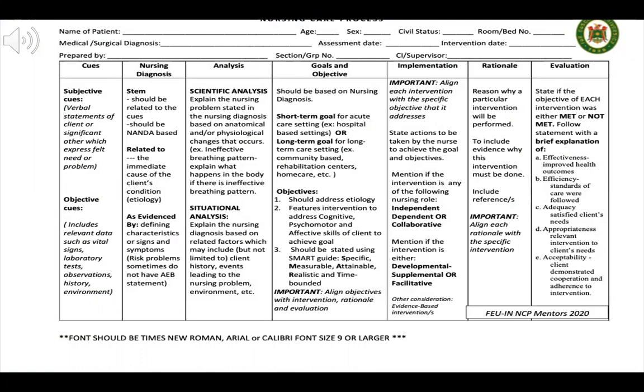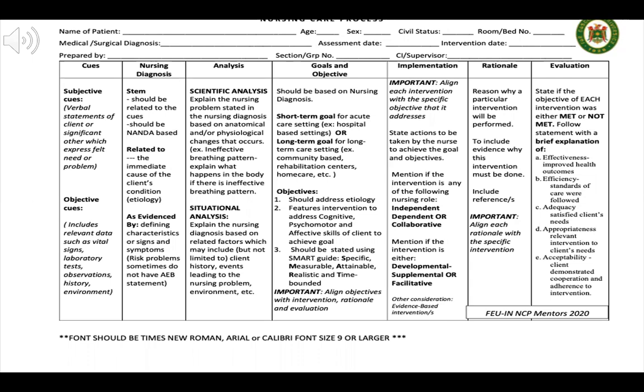So to apply the principles that we have discussed in the actual nursing care plan, being flashed now on your screen is a format of our nursing care plan here at FEU. So I have shown this to you a while ago already, the nursing care plan of our client at Edpuzzle. But this time, this table should guide you in writing your nursing care plan.